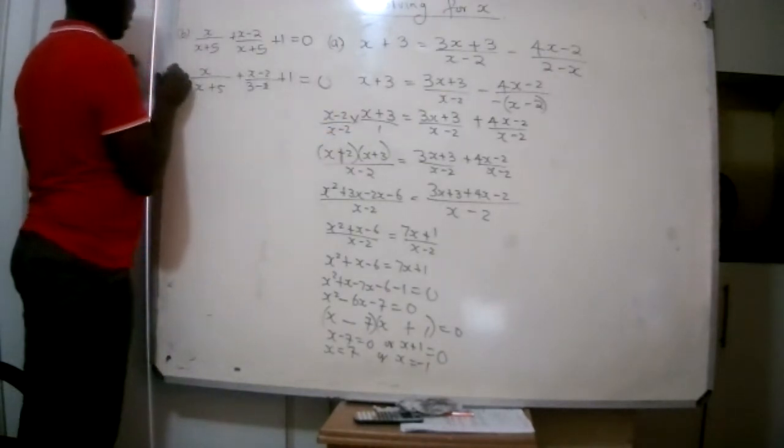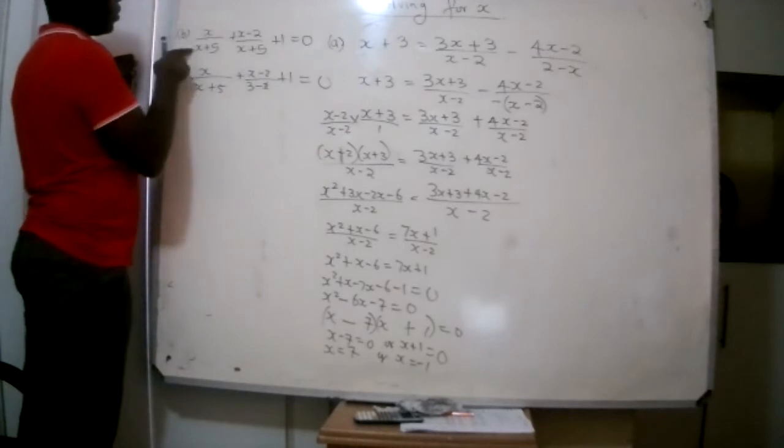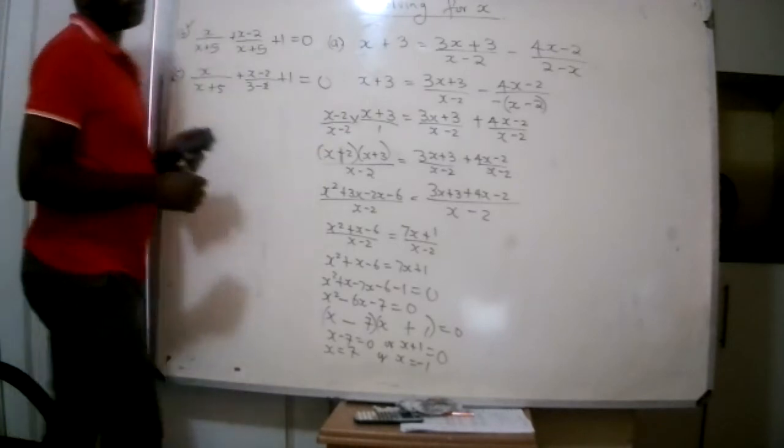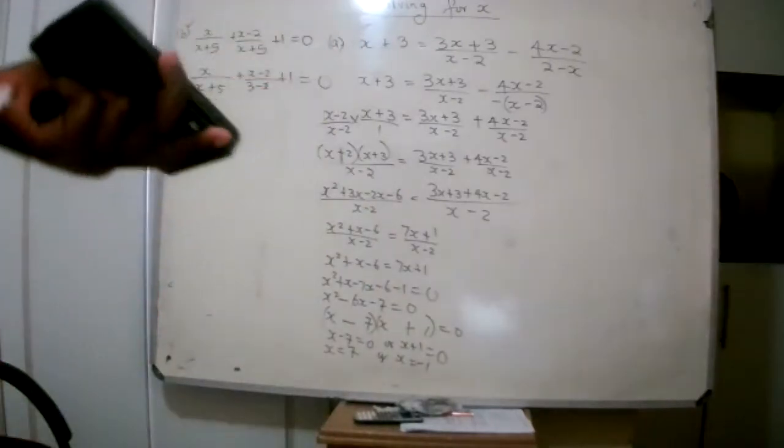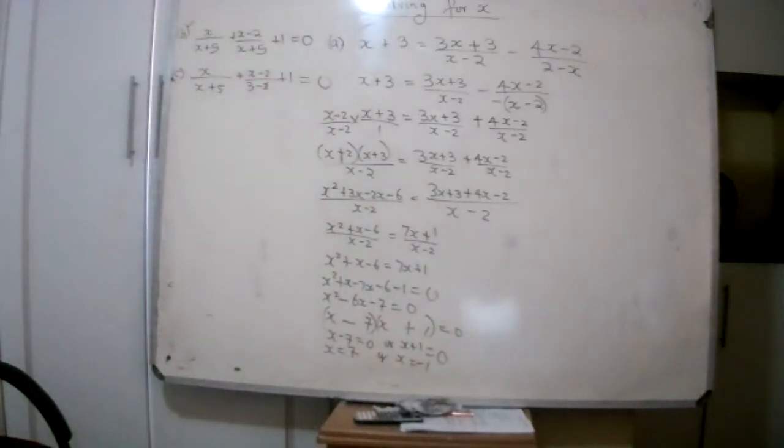So question number C is more complex than question number B. So I want you to do question number B, and when you are done, we'll have to do correction for that. So let me give you 3 minutes to attend to that question.